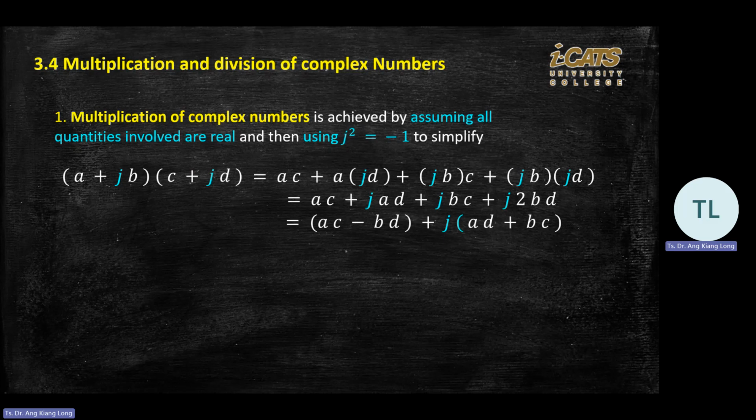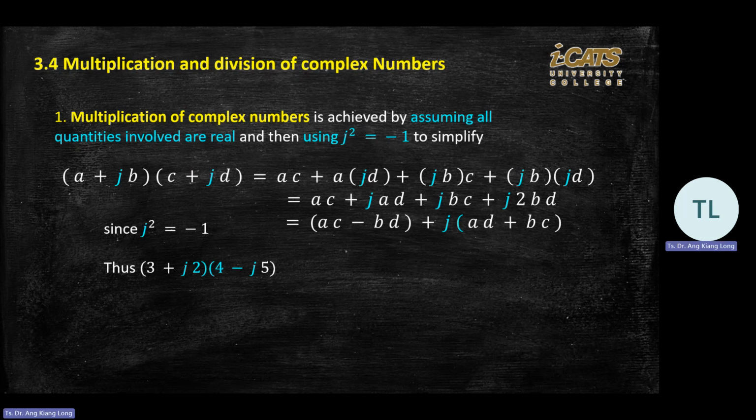From your assignment, I can see most of you are able to do your answers very organized, which is very good. You need to write all these, like j square = -1. These are all bonus marks, or we can say free marks actually. You write this one, you get marks. You don't write that one, you don't get marks.